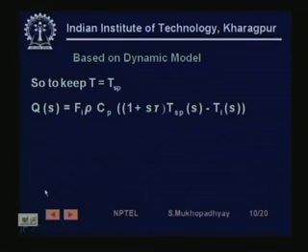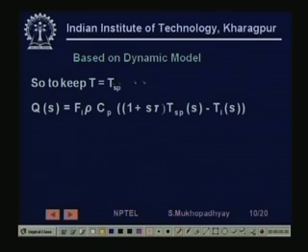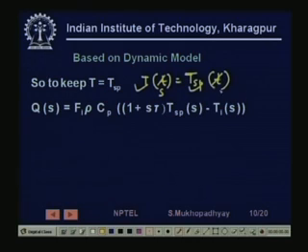So if we want to keep T(t) equal to T_SP(t), that is every time instant, not the final values, every time instant, then obviously if we consider them in the Laplace transform domain, T(s) will be equal to T_SP(s).